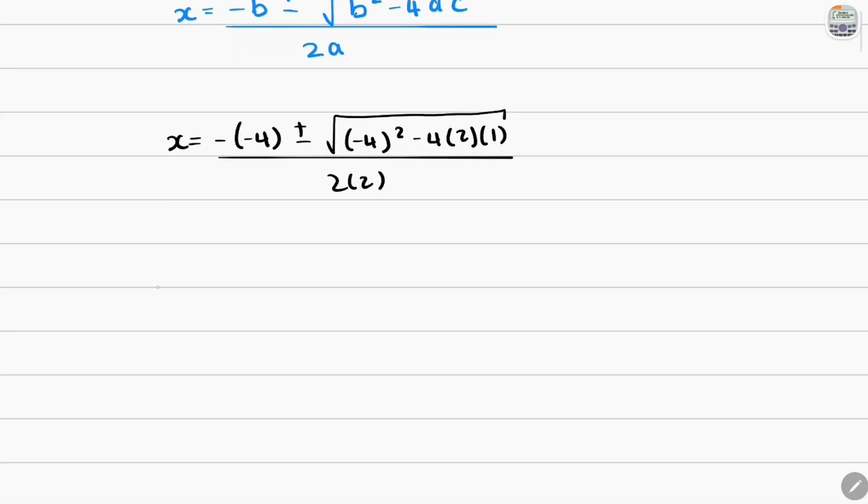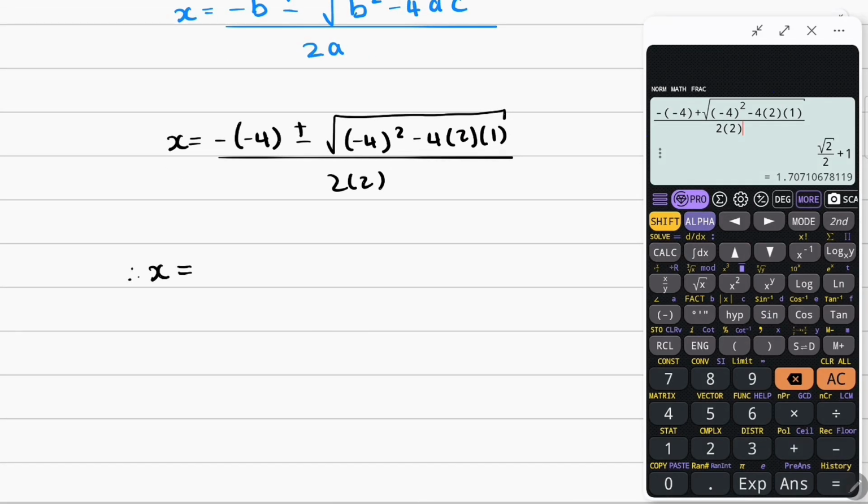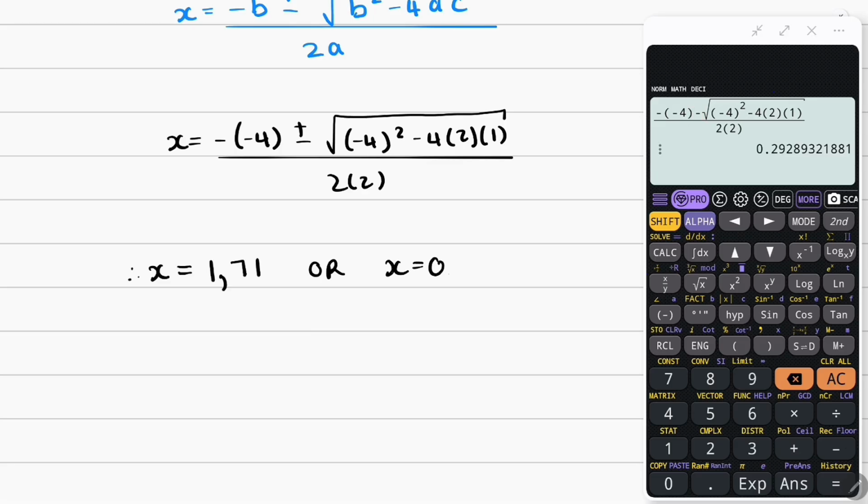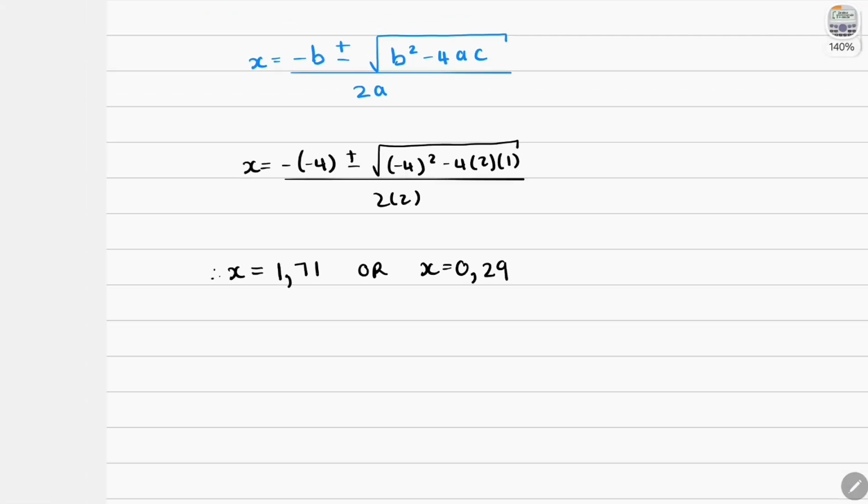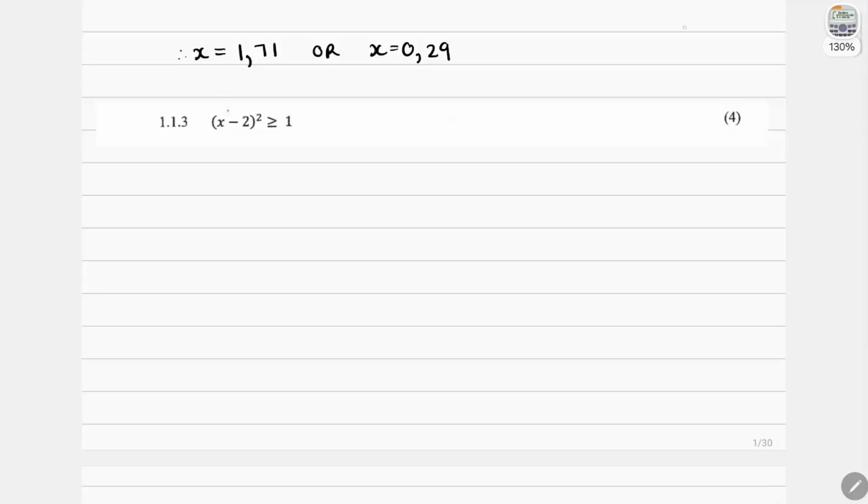And let's substitute our values. So x is finally equal to, in decimal form, 1.71, or x is equal to, and we're going to change that to the minus, and it is 0.29. And that is our answer. Moving on to the next question.